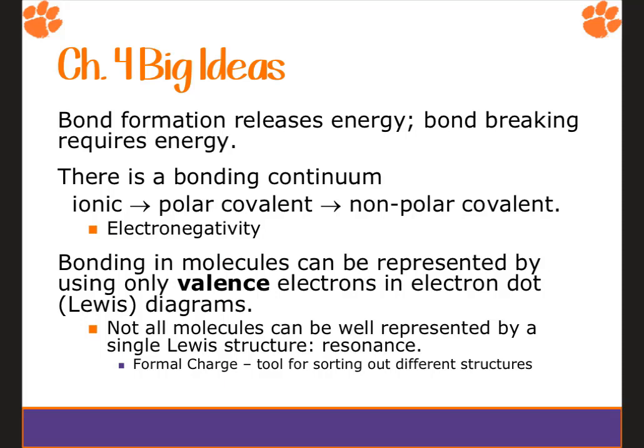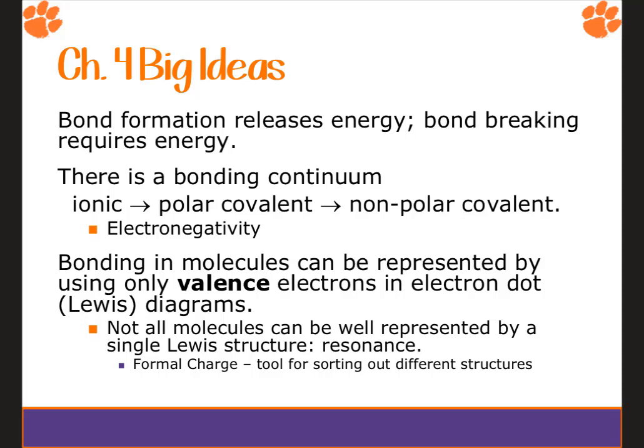We can represent these structures in electron dot diagrams that we call Lewis diagrams, honoring the chemist who first put these forth. Again, we only focus on the valence electrons because those are the ones used in bonding. Those are the only ones we really care about in terms of the chemistry reaching out to other atoms. But again, there are some drawbacks to these.